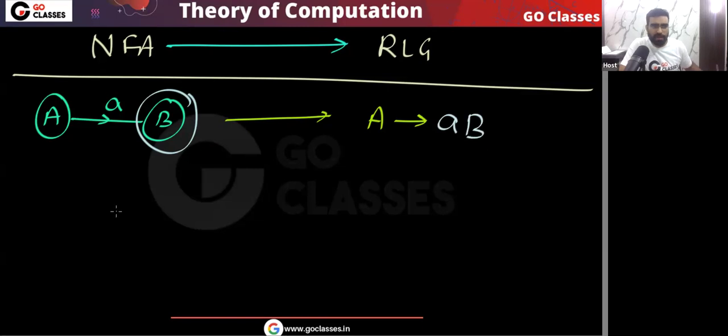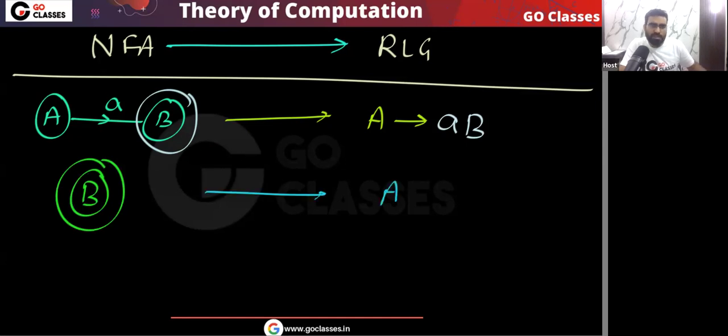But remember, because B is the final state, I will put this transition: B going to epsilon. Is this clear? Very simple point. A on a, so I can put that A is going to aB, but because B is the final state, I will put B going to epsilon.